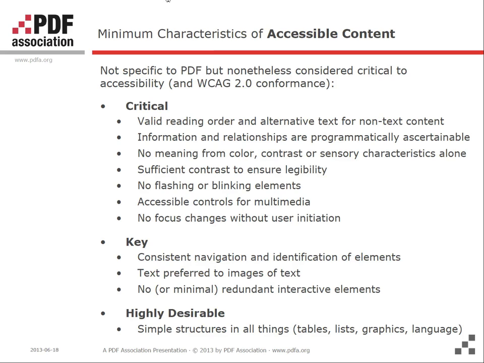Images of text, of course. Certainly in PDF, we have a good solution for images of text. We have this attribute called actual text. But otherwise, one would tend to avoid images of text because they don't readily redeploy in various kinds of assistive technology. And you want to minimize redundant interactive elements.